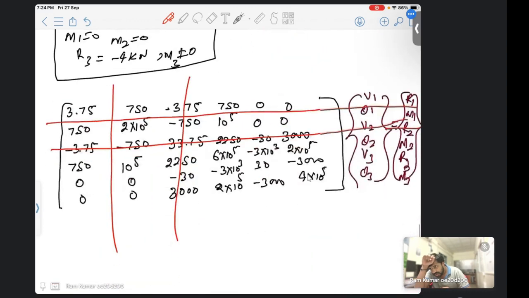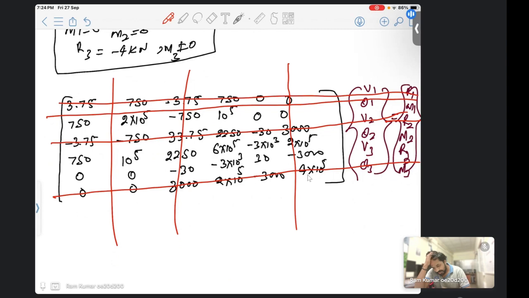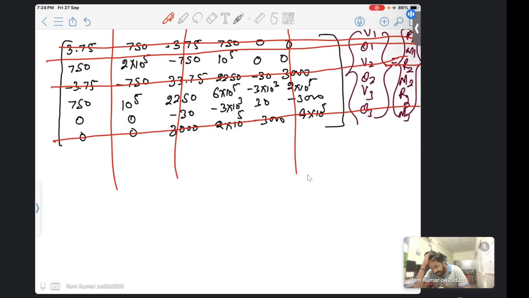So the last row, last row, last column. So what is remaining now? This is also gone. What will be remaining now?